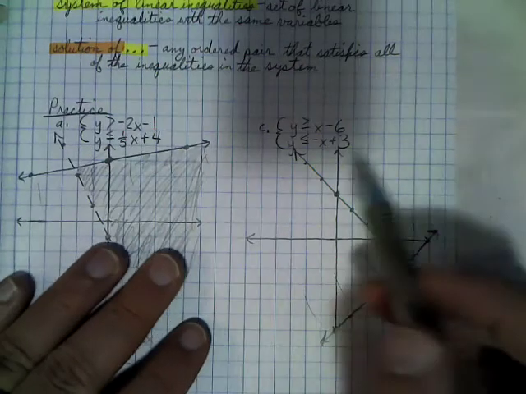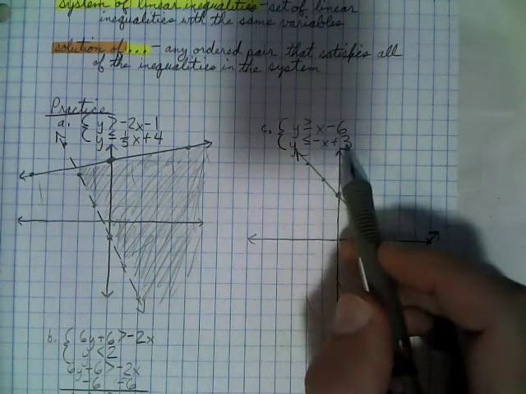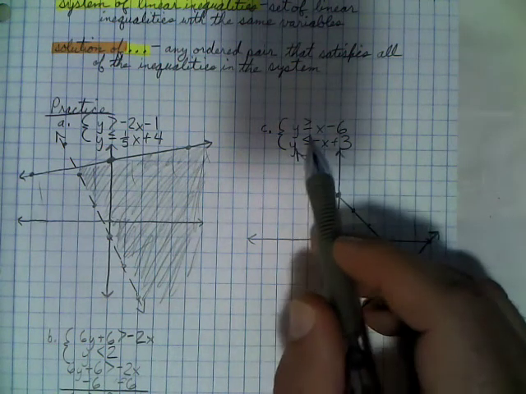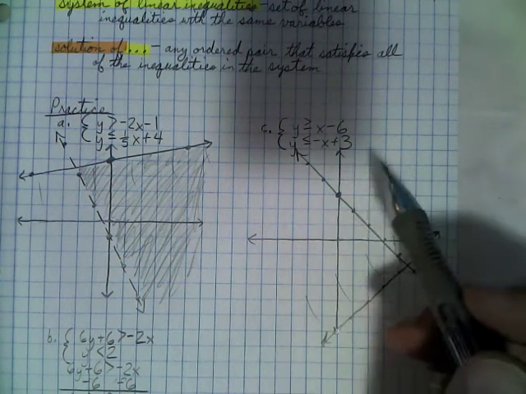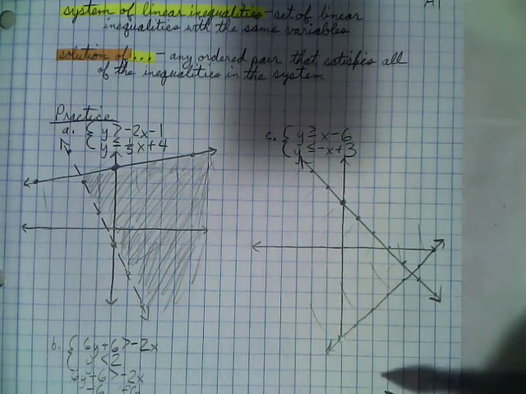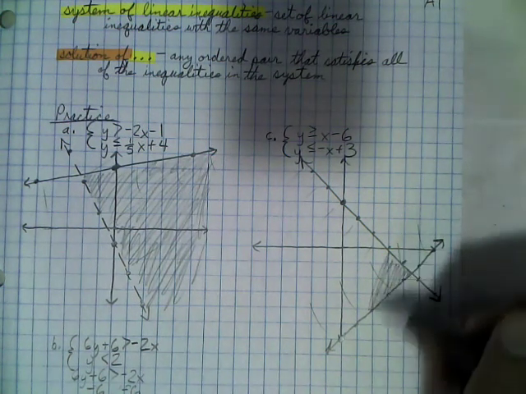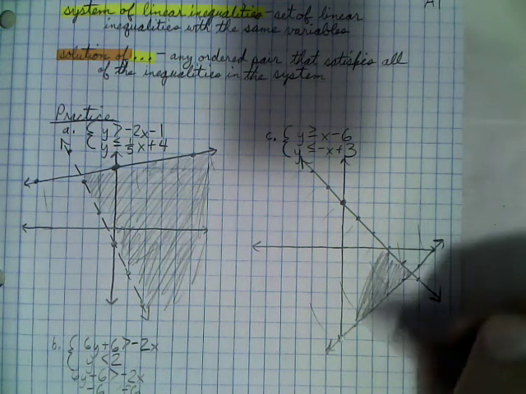Now if we test the origin, so 0, negative 0 would just be 0, plus 3 would be 3. Is 0 less than or equal to 3? Yes, it is. So my solutions are down towards the origin. And so we can see hopefully clearly where they overlap. They overlap right here.